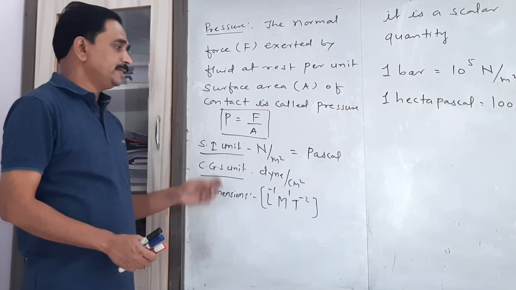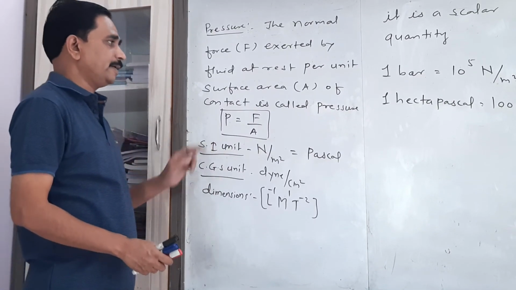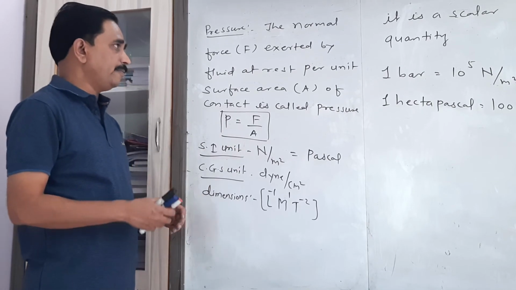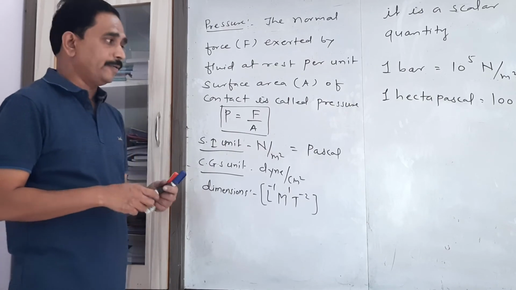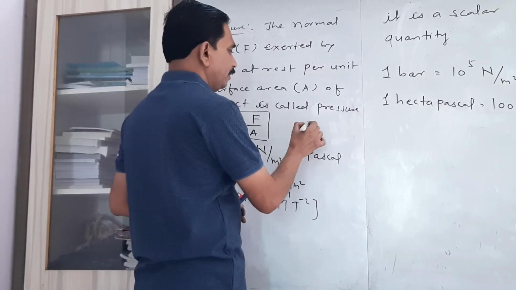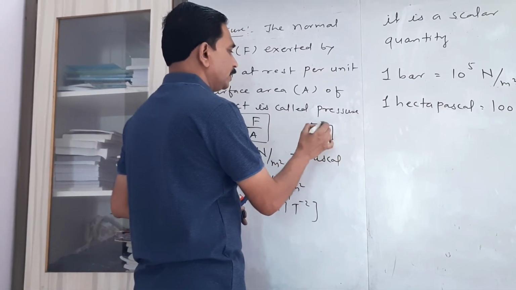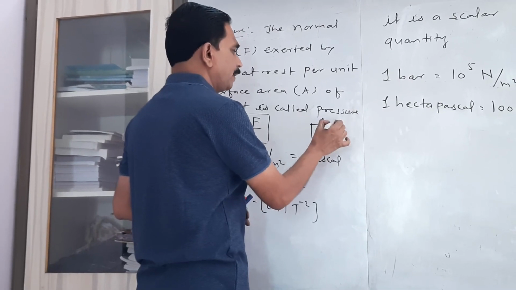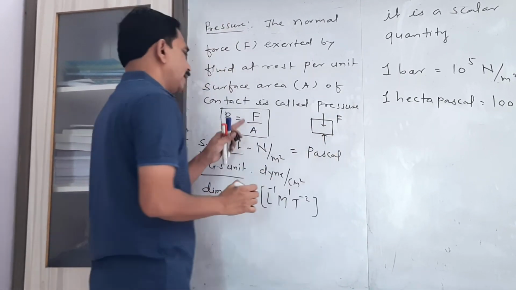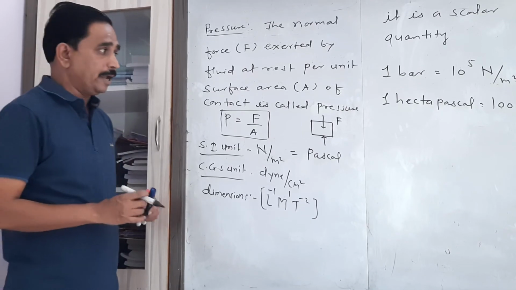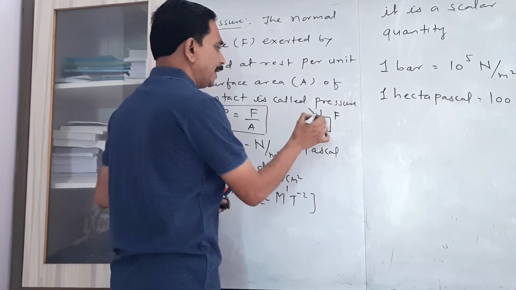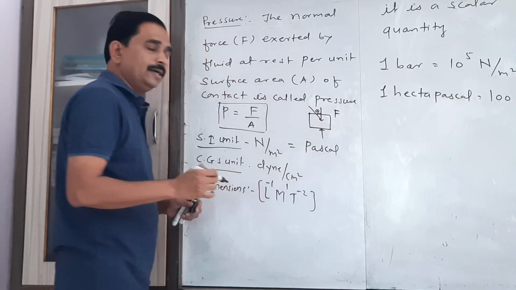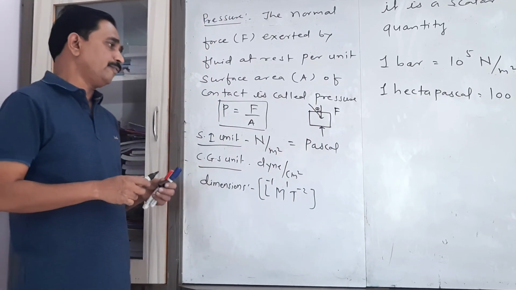It can be easily defined by the mathematical formula P equal to F by A. Here the normal force acting on that particular surface must be perpendicular, then only we can write simply F. If we apply the force in an inclined direction, then we have to take the component of that force.